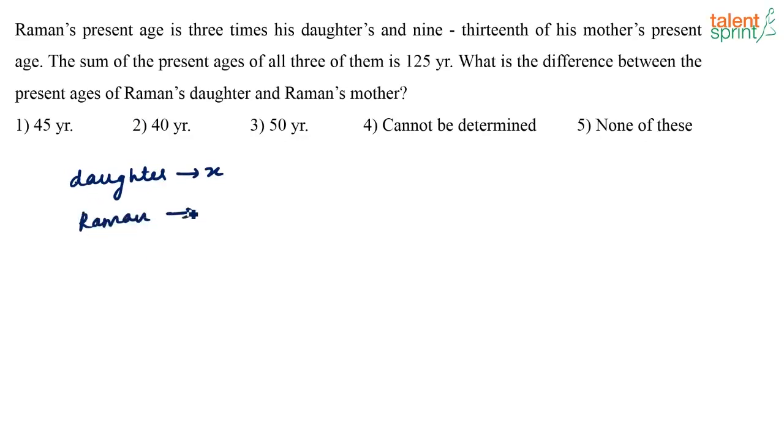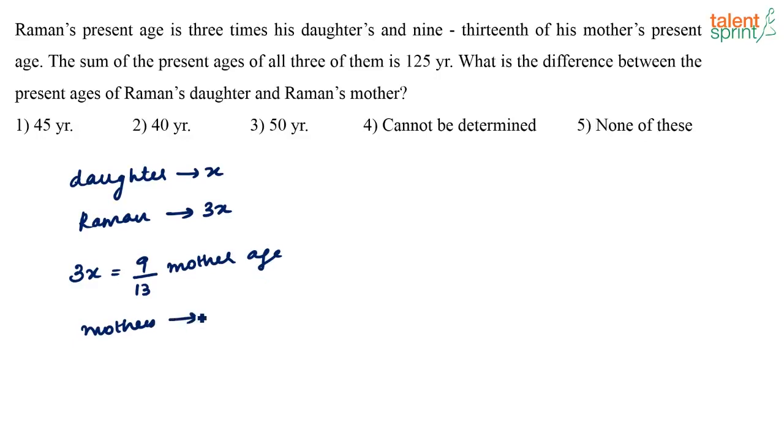Raman's age is 3x. Now, it is also given that Raman's present age is 3 times his daughter's and 9/13 of his mother's present age. Or I can say Raman's present age is equal to 9/13 of his mother's age. So what is Raman's mother's age?